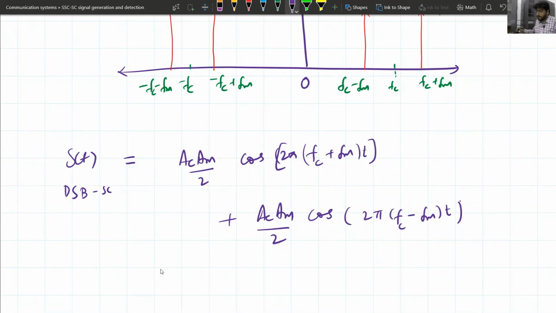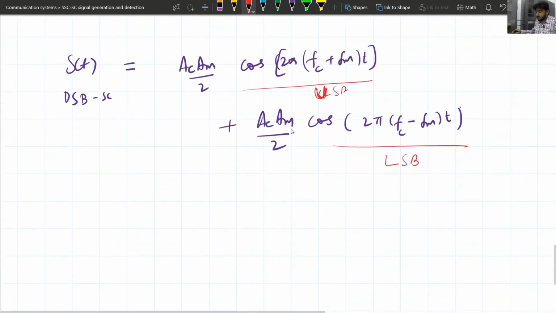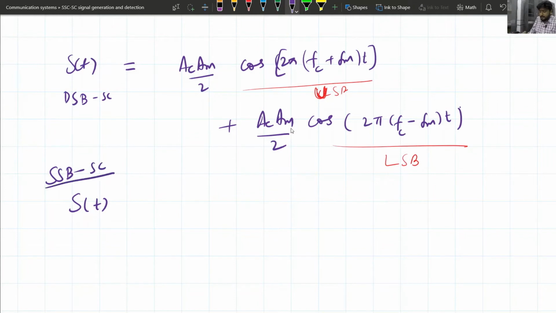Again inside the bracket. Now this component is the upper sideband, and this component is the lower sideband. So we can represent the SSB's suppressed carrier generation.